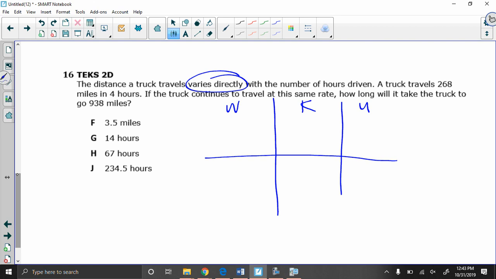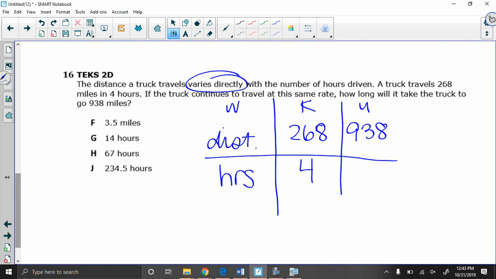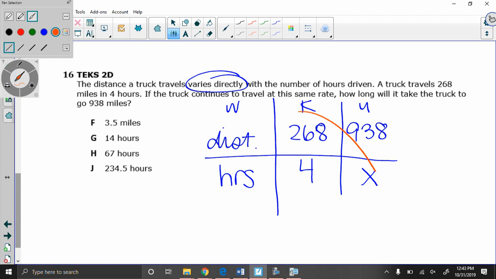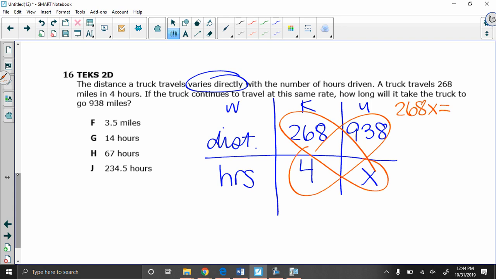So the distance varies directly with the number of hours driven. So a truck can travel 268 miles in 4 hours. And then it's wanting to know how many hours it takes to go 938 miles. So we're going to cross multiply again. We have 268x equals 4 times 938.